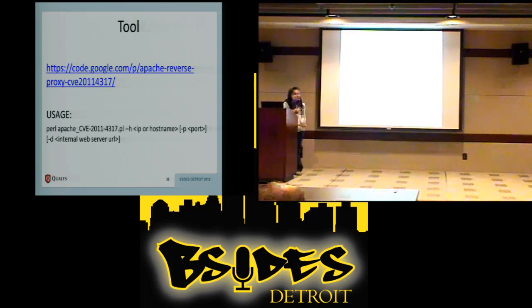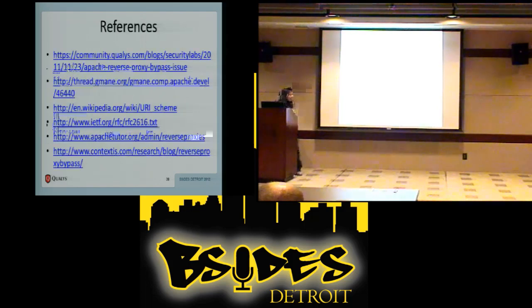If you know of internal web server addresses, there is also an option to provide those, and it might come back with a 200 OK response code if the rules are not correctly configured. And here are a few references I used to put together this presentation.